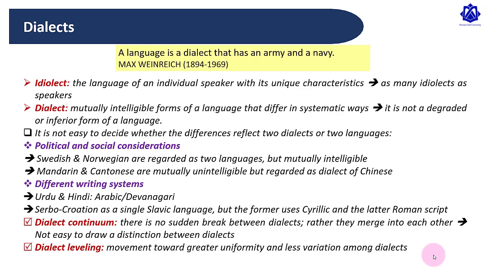Urdu and Hindi are very similar, and they could be dialects rather than languages, but they are using two different writing systems. In Urdu, they are using Arabic script. In Hindi, they are using Devanagari script.